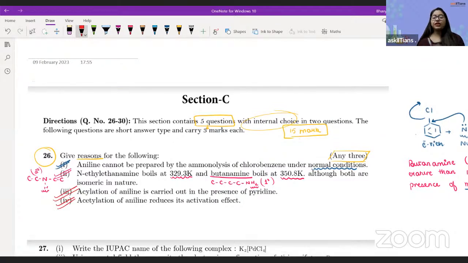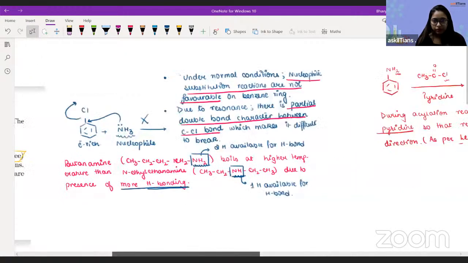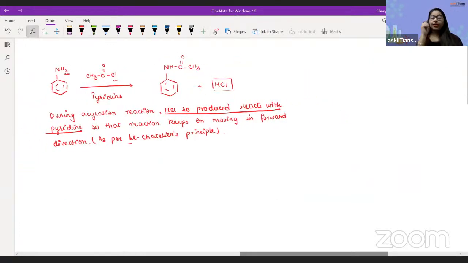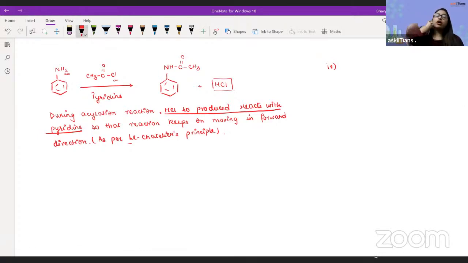They say that acetylation of aniline reduces its activation effect, which is true. Even for the fourth part, I would recommend you to write the reaction again. You have a choice to answer any four, but in case your choice involves both the third and fourth part, even then you have to write this reaction again.